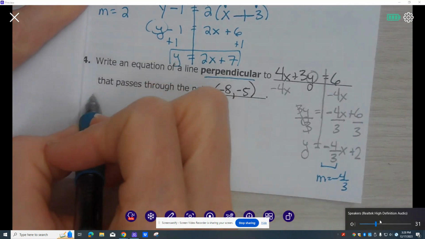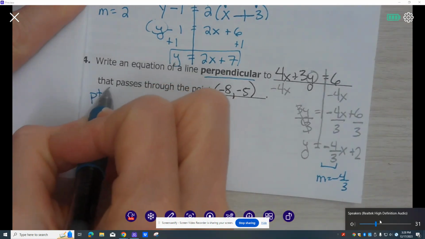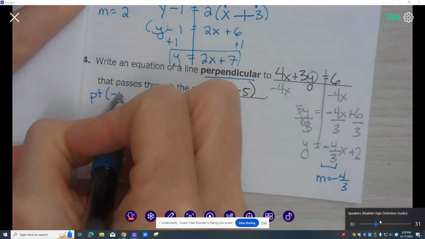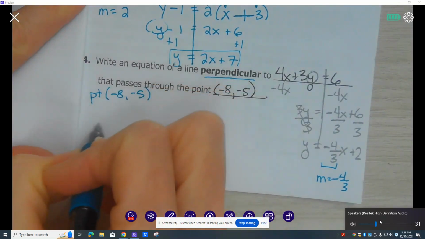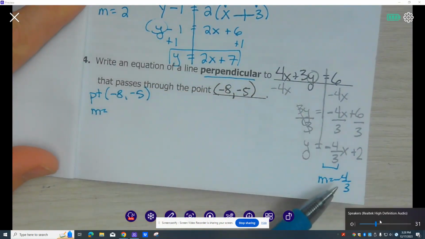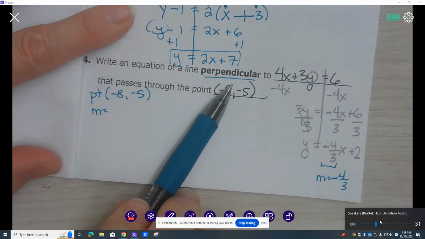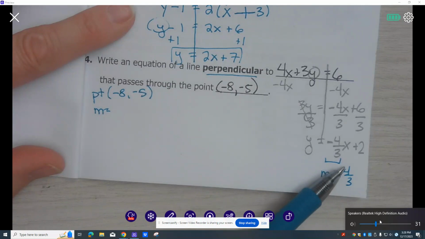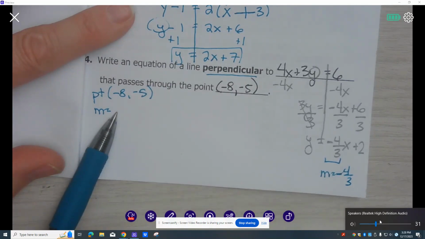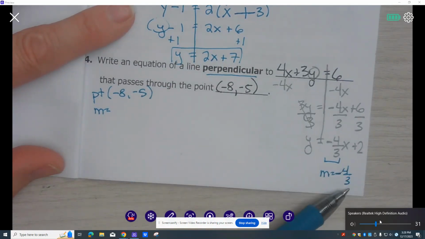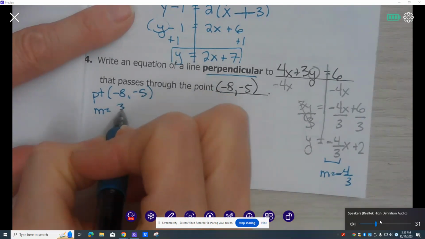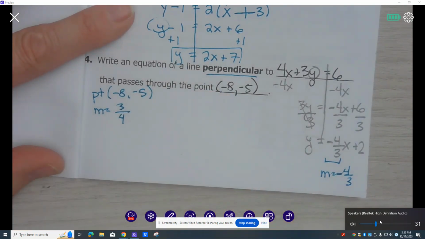So to write an equation for a new line, I need a point. They gave it to me. Negative 8 and negative 5, and I need a slope. I don't want to use the same slope because my line needs to be perpendicular to this line. So this is negative, my slope will be positive. This slope is 4 over 3. My slope will be 3 over 4.